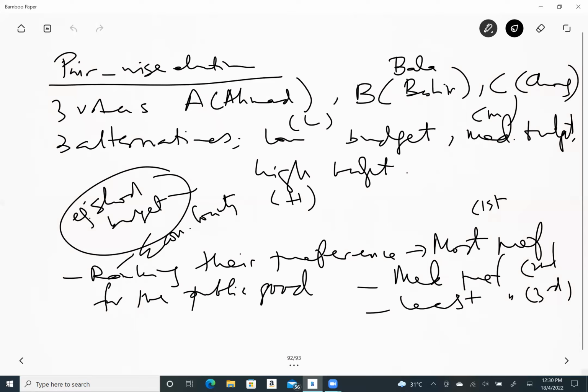L to high. Large, medium, small, low budget, L, M, H.